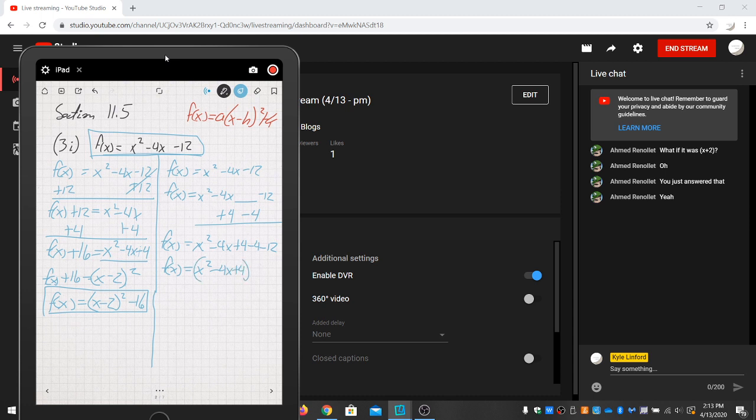Where I've added the 4, put parentheses around it, and then have the negative 4 and the negative 12 on the outside. You'll notice this can be factored down just like before. We would get x minus 2 squared, and the negative 4 and the negative 12 make negative 16.